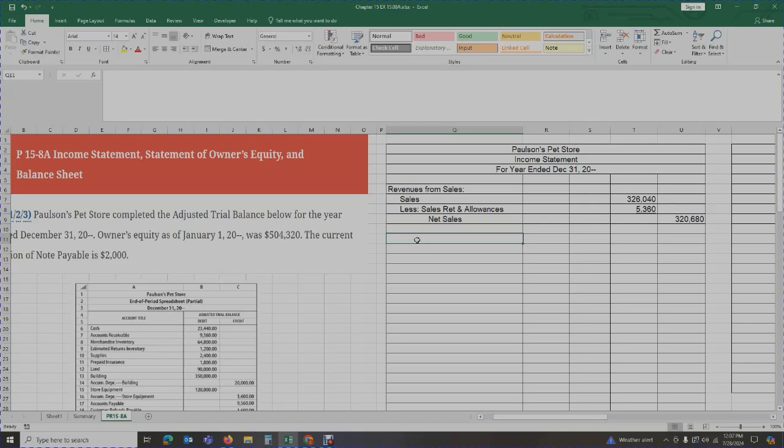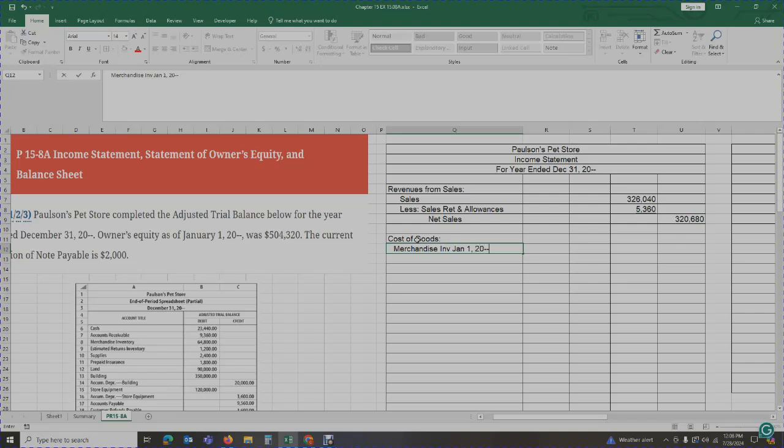After that, I'm going to calculate my cost of goods sold. This represents how much you spent on buying the merchandise. The starting point is your beginning merchandise inventory at the beginning of the year, January the 1st.